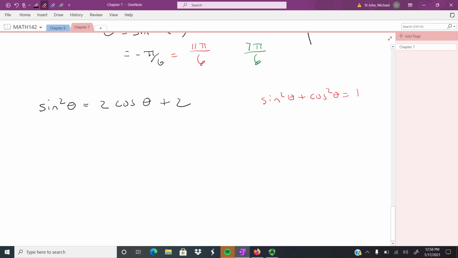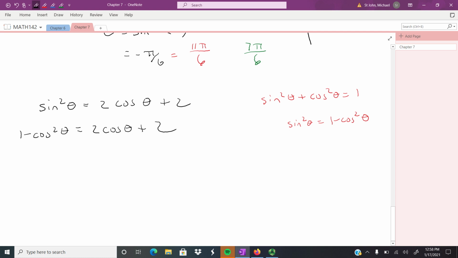And so sine squared is going to be 1 minus cosine squared. So I can substitute that in. So I get 1 minus cosine squared theta equals 2 cosine theta plus 2.